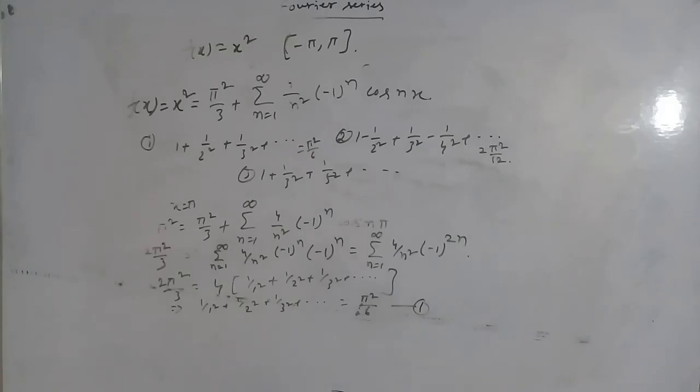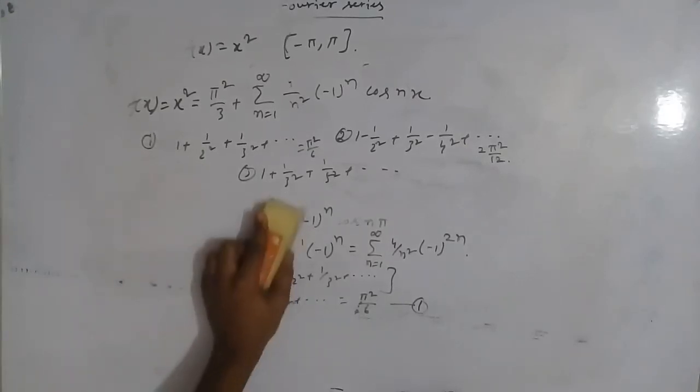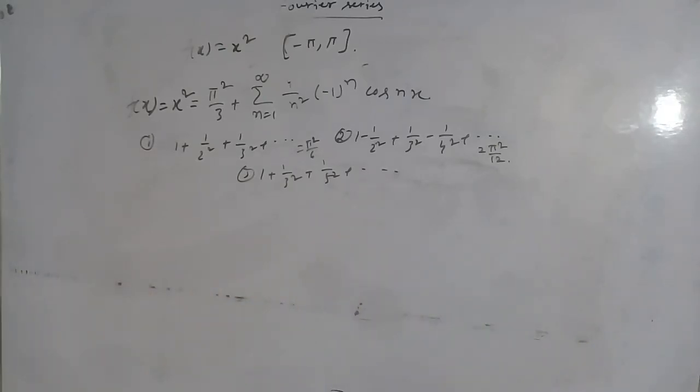Now we want the series number 3. To get series number 3, putting any value of x, you will not get series number 3. If you look at series number 1 and series number 2 carefully, then you can see that from series number 1 and series number 2 you can obtain series number 3.